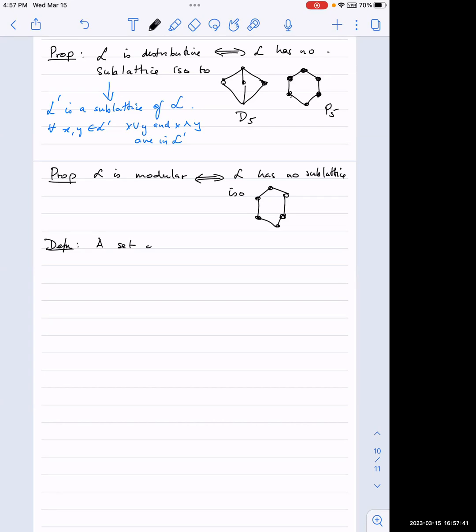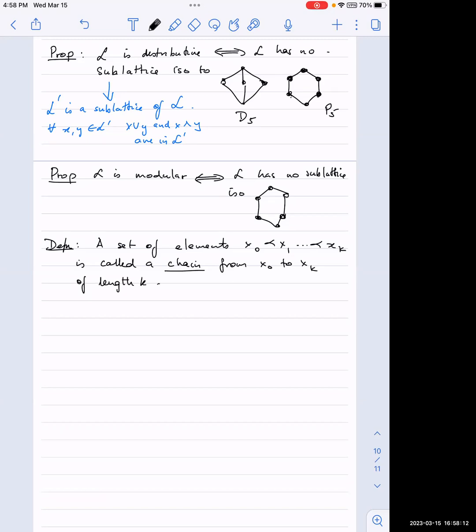A set of elements x naught less than or equal to x1 less than or equal to xk is called a chain from x naught to xk of length k.